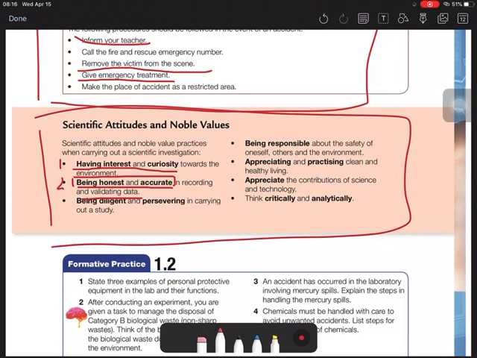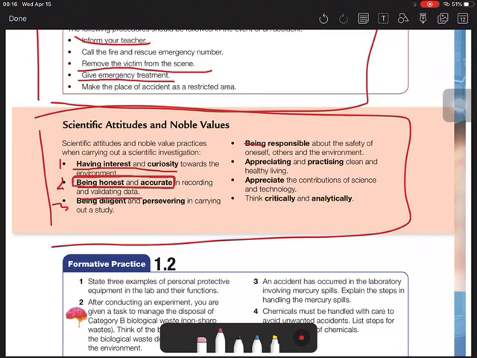Maybe they did the procedures wrongly. That's why being honest is very important. Sometimes you don't catch those mistakes if you do everything correctly. Number 3, being diligent and persevering in carrying out a study. Diligent, what does diligent mean? I'll get back to you with that.